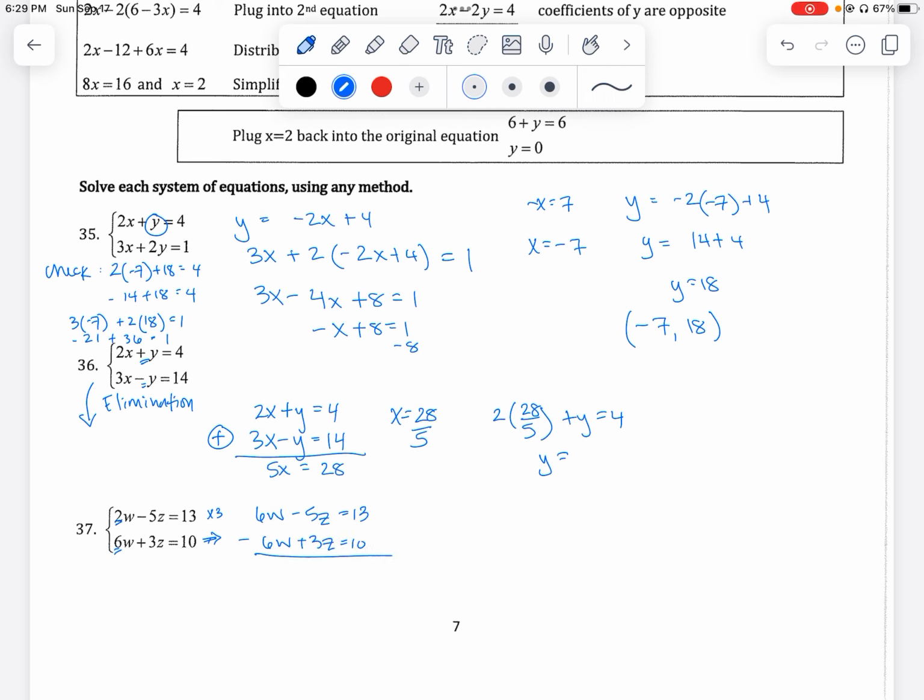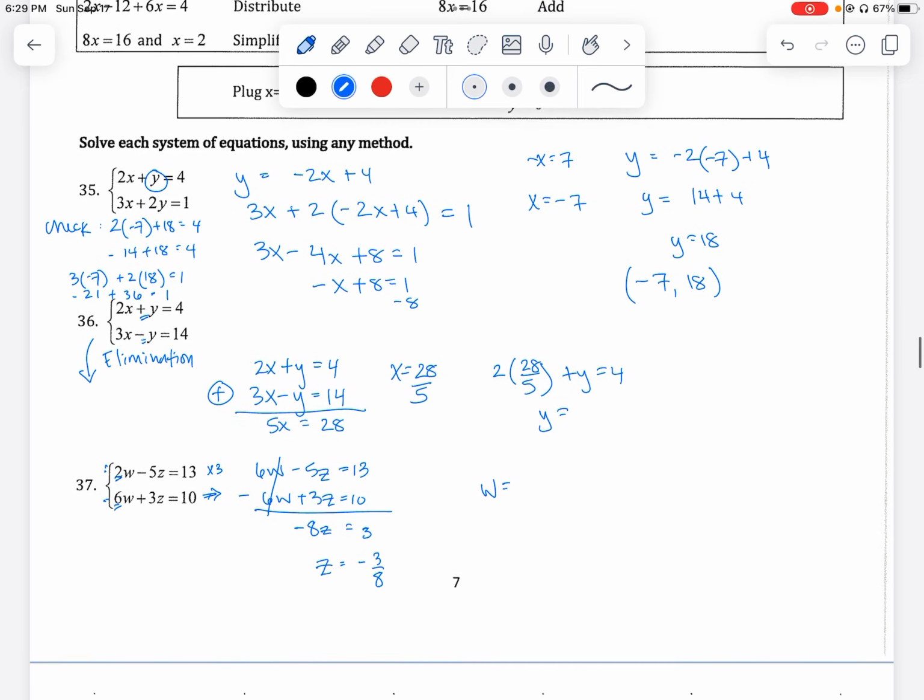I'm going to solve this by subtraction, so the w's will cancel. Negative 5z minus 3z, that's negative 8z, and 13 minus 10 is equal to 3. So z is going to be equal to negative 3 over 8. Then I'll plug z in to either one of these equations and solve for w.